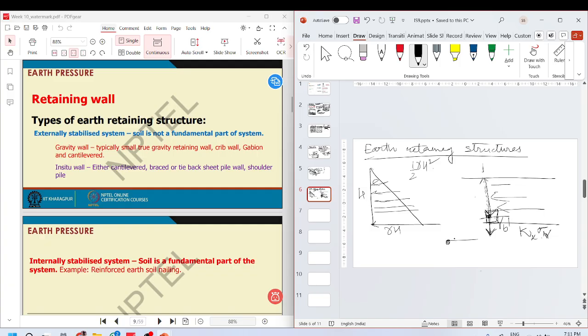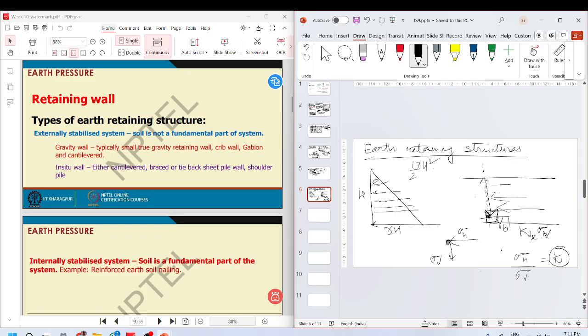At any soil point you will have a vertical stress and horizontal stress, such that sigma h by sigma v is equivalent to k. This is your earth coefficient.